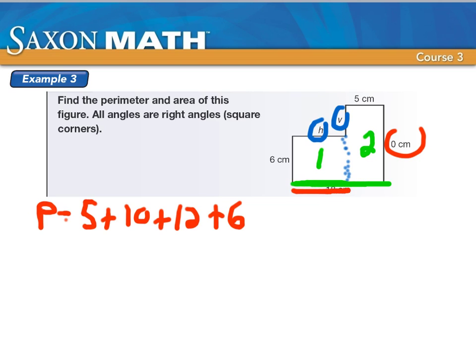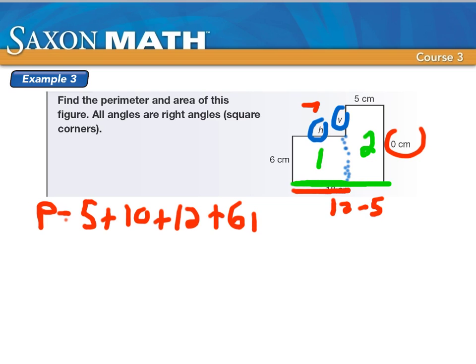Well, if I take 12 minus however much this is, that should give me my length over here. And I know how much this is right here, because this is the other side to rectangle number 2, and the top side is 5. So I need to take 12 minus 5, and that's going to give me 7 for h.